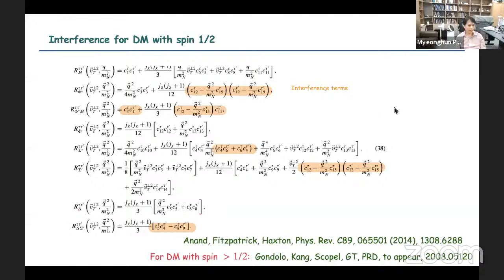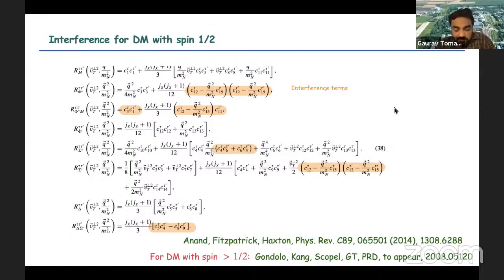Yeah, but in reality, when you have some interaction between the fundamental particle and the dark matter, and then you go down to these EFT operators, then some of the EFT operators are correlated with each other, right? Yes, that's true.